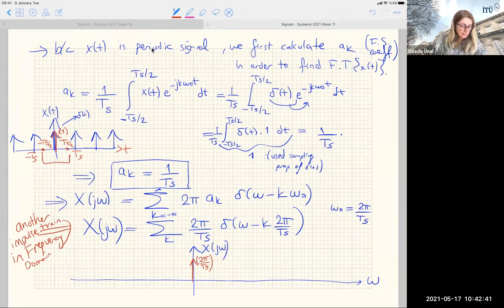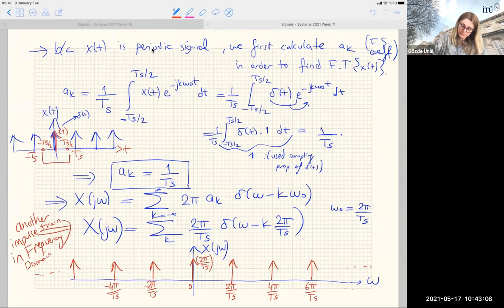Now this is an impulse train in the frequency domain. And it continues in this way. It's periodic. So this is now 2 pi over Ts, 4 pi over Ts, 6 pi over Ts, dot, dot, dot, minus 2 pi over Ts, minus 4 pi over Ts.